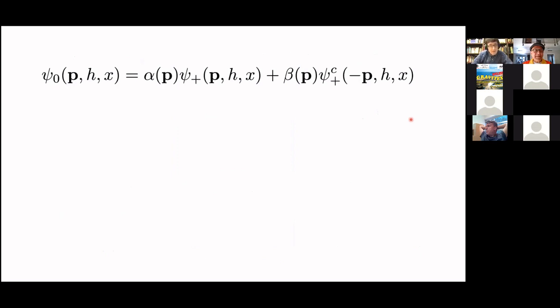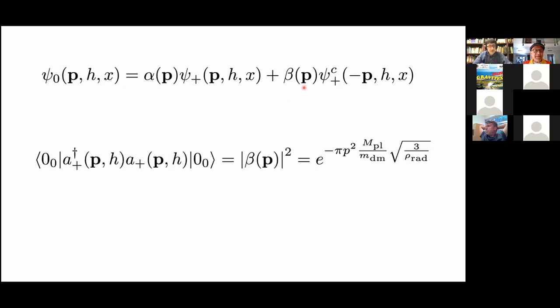In a bit more detail, I can take my CPT symmetric mode and decompose it in terms of the late time modes that you and I will define, let's say on Zoom on the Earth today, with coefficients alpha and beta in this expansion, which are the so-called Bogoliubov coefficients.